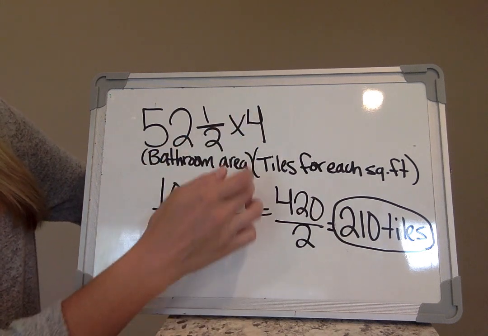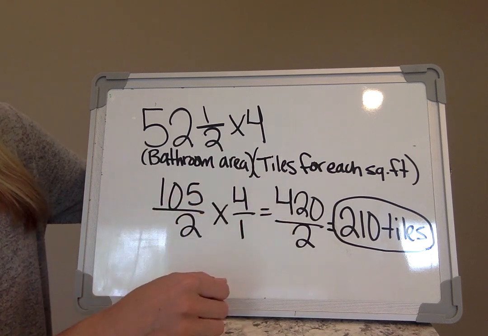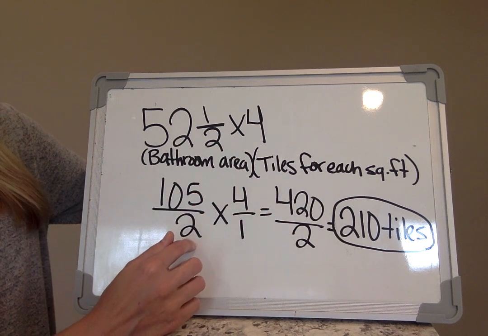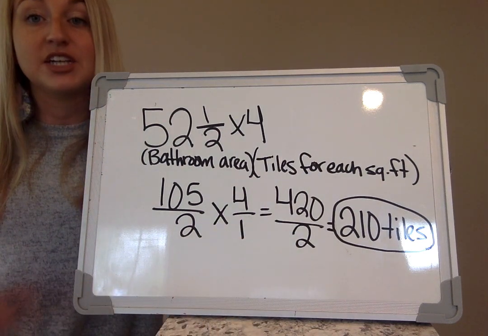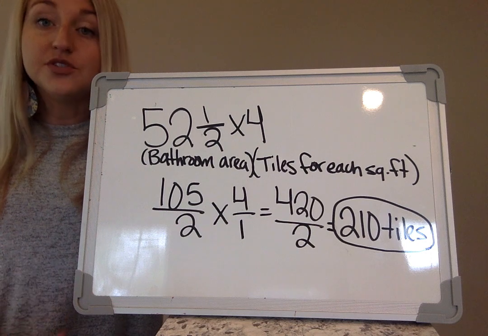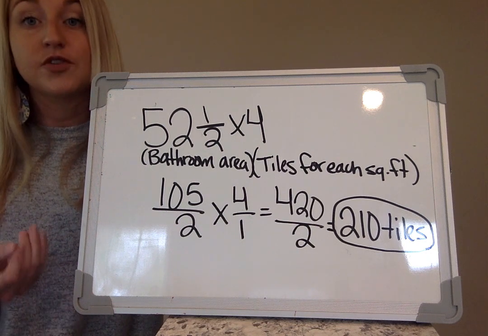Times 4, put that over 1. When you multiply 105 times 4, you get 420. Multiply straight across the bottom, 2 times 1 and get 2. 420 divided by 2 gives you your answer of 210 tiles needed for the bathroom.